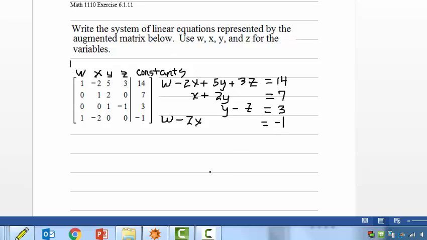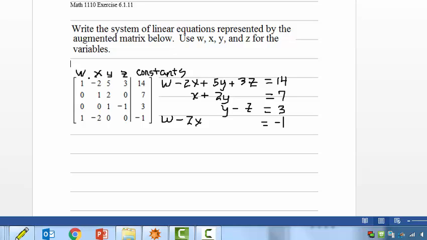So those are the linear equations represented by the matrix, and the order in which I have my variables matters, since I was told to use w, x, y, and z as the variables. Then I use the columns in that order.